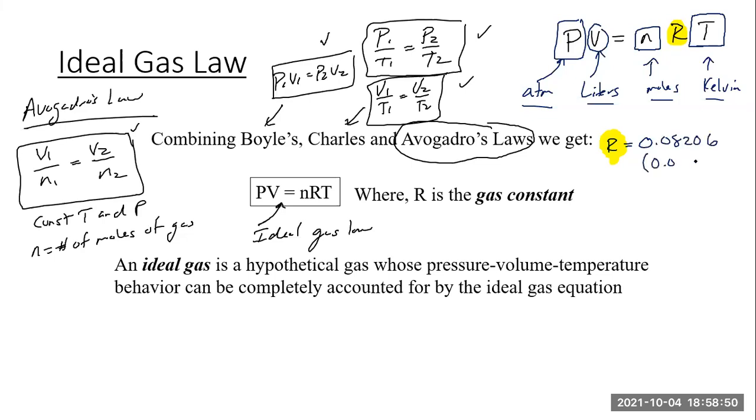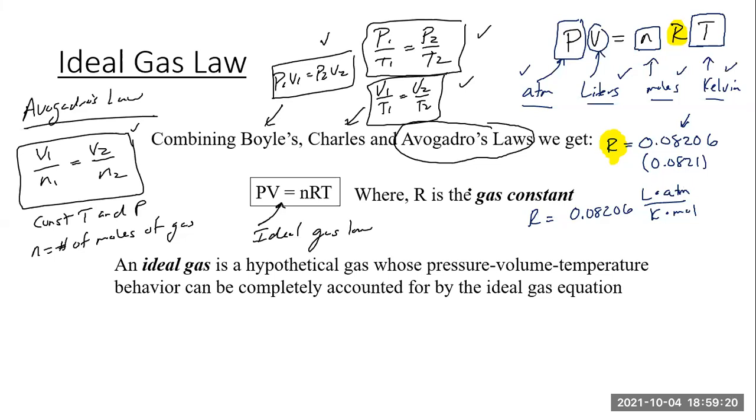I personally don't, because that's the number they beat into my head. But sometimes people will round it to 0.0821. And more importantly, the units that are associated with the gas constant are liters times atmosphere divided by Kelvin times mole. So that is why every one of these other units here has to be in those units for everything to properly cancel out with R.